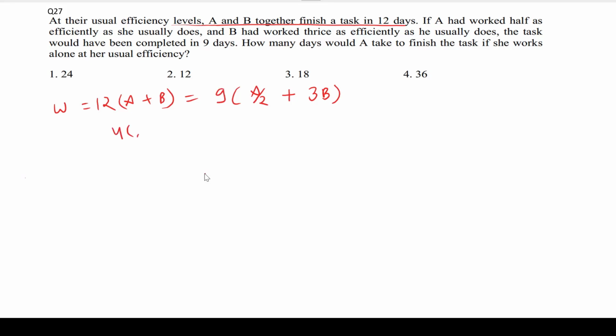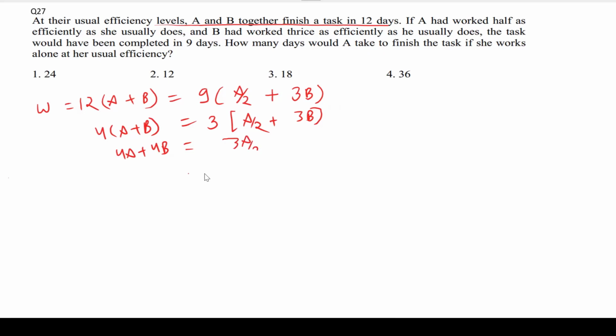So this will be 4A plus B, 3 by 2 plus 3B equals 4A plus 4B equals 3A by 2 plus 9B, and this equals 1.5 minus 4, 2.5A equals 5B. So A equals 2 into B.